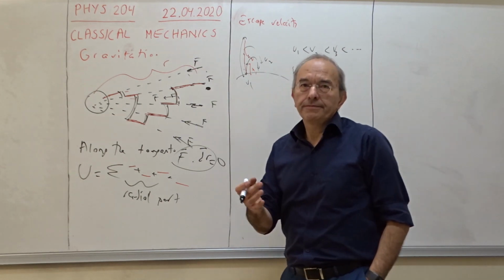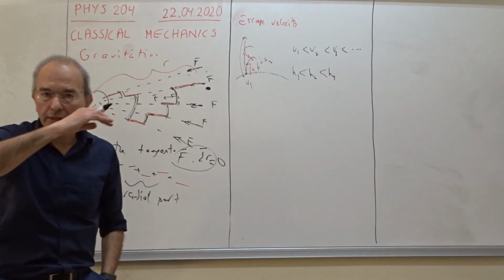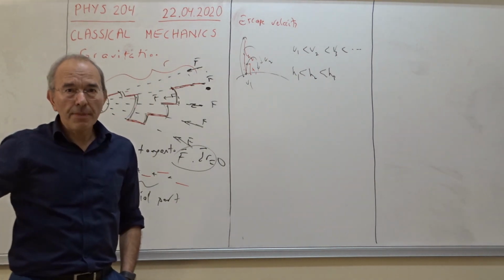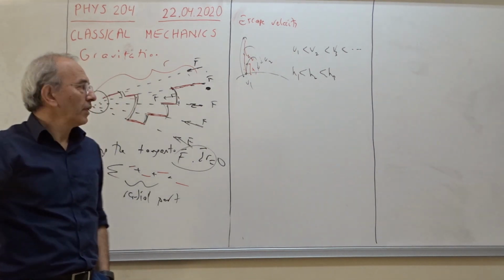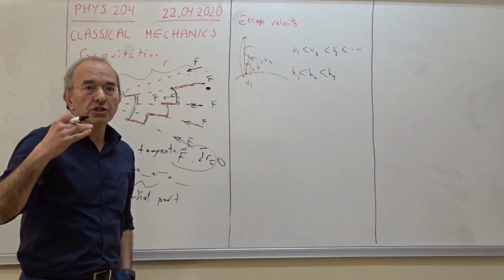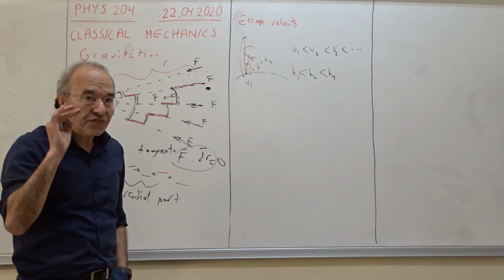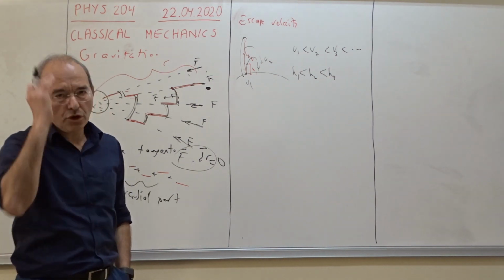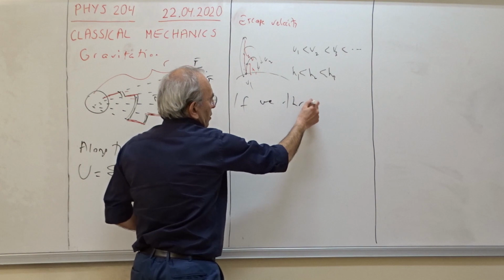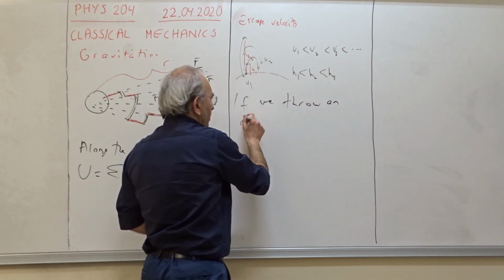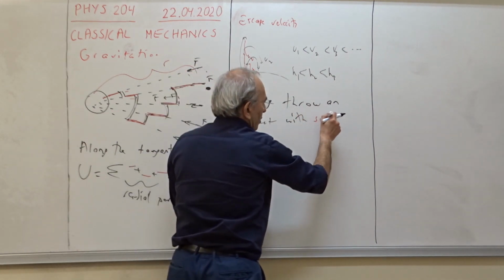Is it possible to throw an object upward, for instance, maybe directly, maybe at a certain angle, such that it doesn't come back and goes to an infinitely far away position? Is it possible? If you throw the object with sufficient initial velocity, it is indeed possible. But how do you find that sufficient initial velocity?